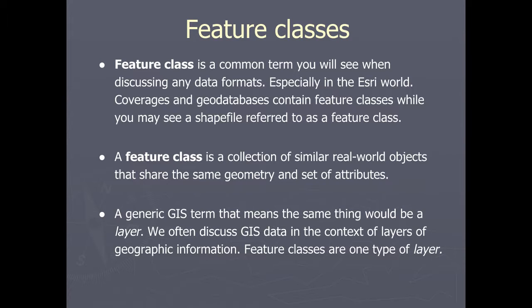And so this feature class of trees has a common set of attributes. For every tree, you've got a name, a height, maybe a diameter at breast height, and a condition. So they have a common set of attributes, and they're all points. So within a feature class, everything has the same geometry, a similar set of attributes, and are similar real-world things.